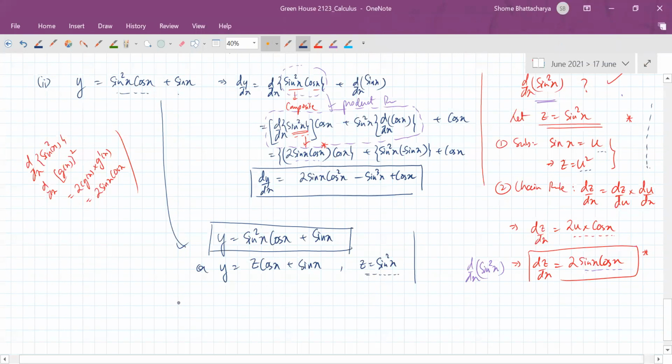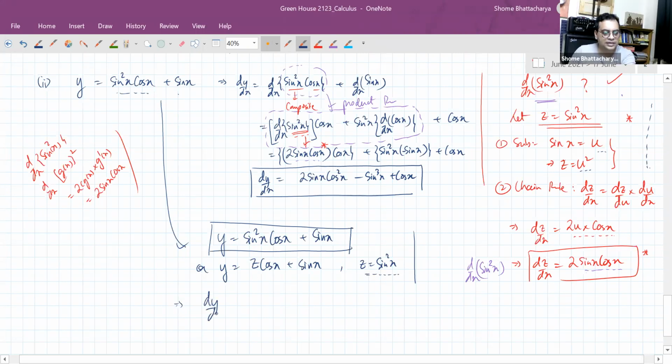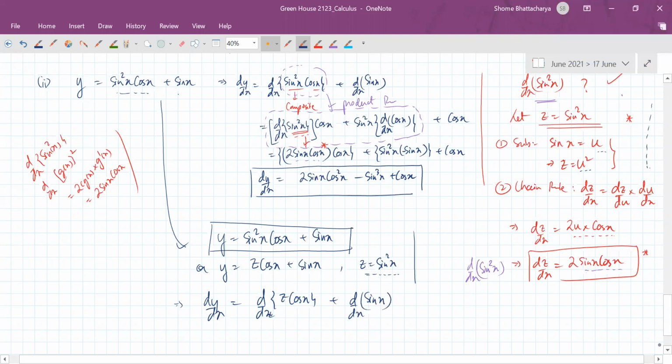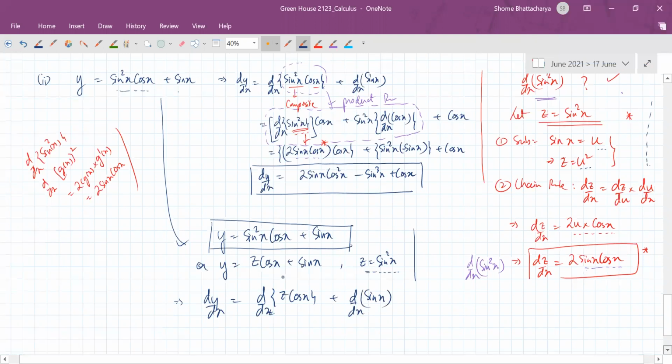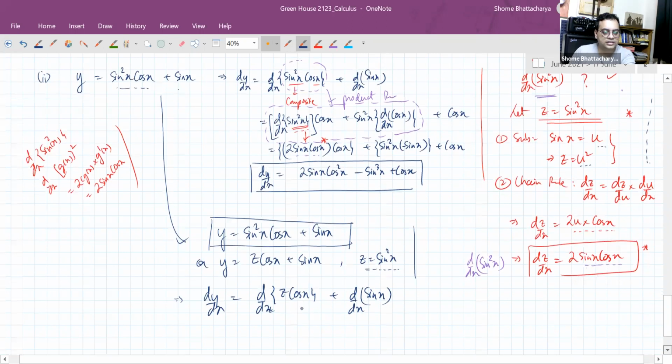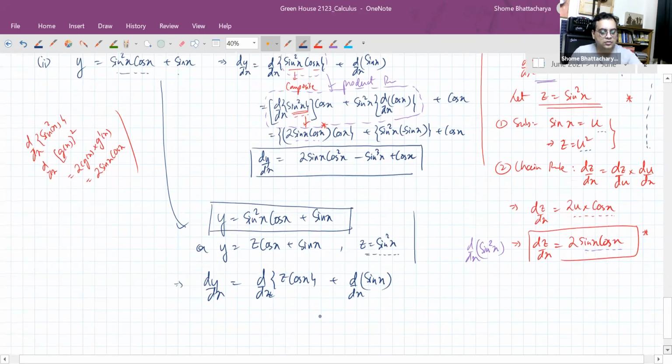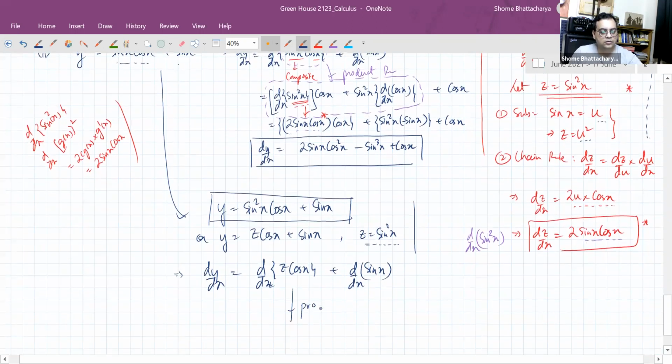So now when I differentiate, dy by dx will be differentiation of z into cos x, plus differentiation of sin x. Now this is the product of two things, so I'll use the product rule. So next step, I use product rule.